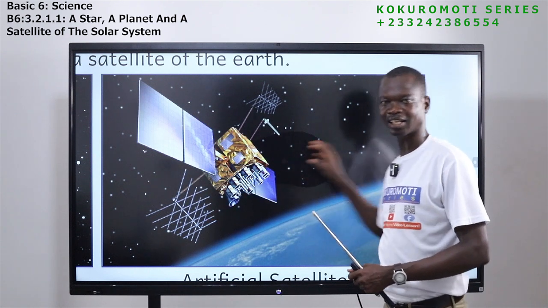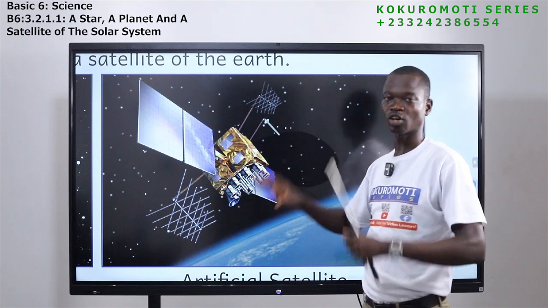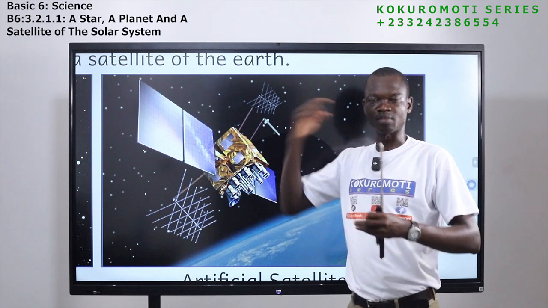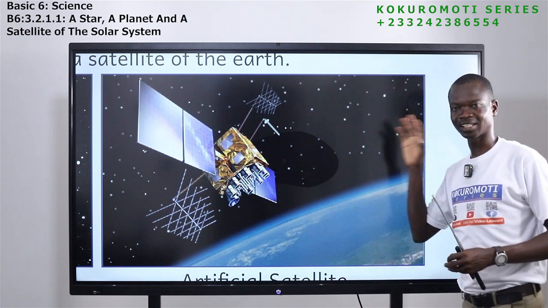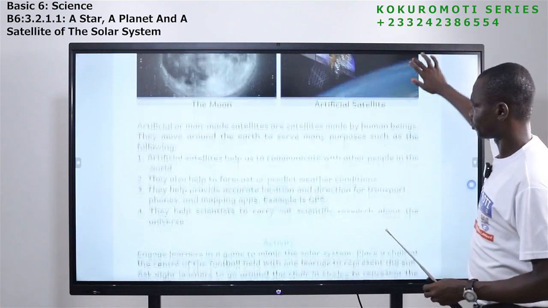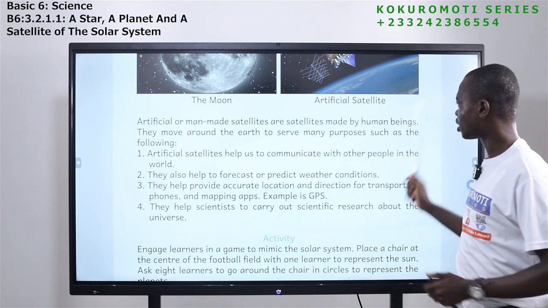It is smaller than the Earth. It moves around the Earth. That is why it is also a satellite. So all satellites are smaller than the object that they move around. Okay, so we have natural satellites and artificial satellites. Artificial or man-made satellites are satellites made by human beings.